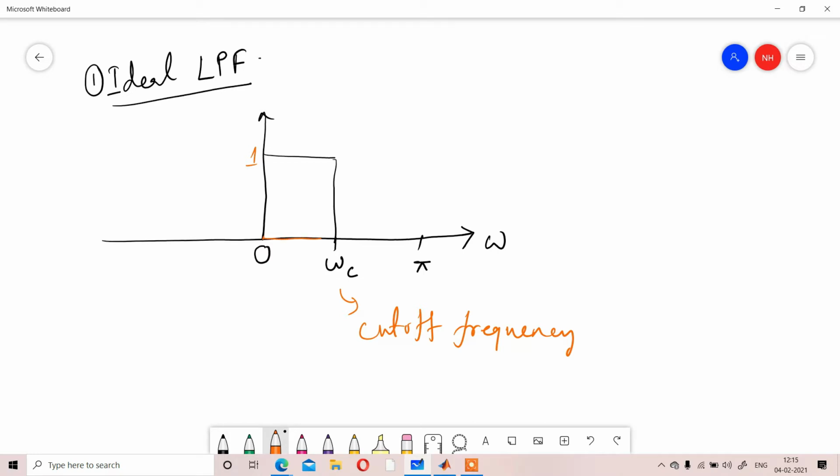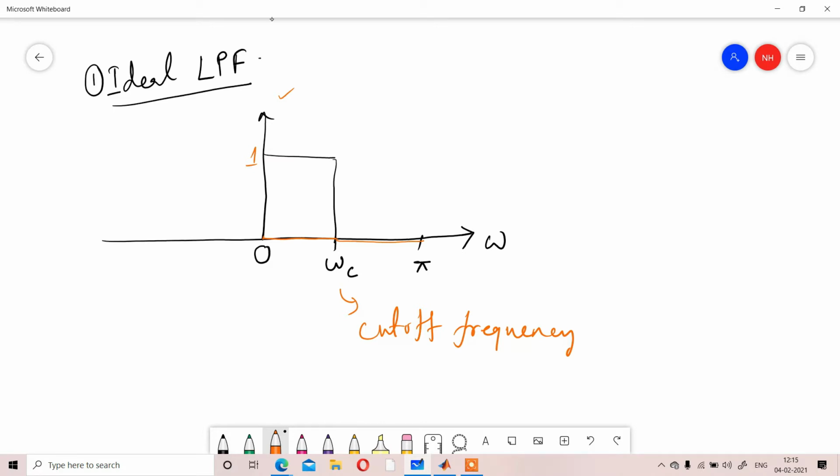Within that range 0 to omega c, if you have any frequency in the input signal, that input signal will pass if we multiply the input signal with that filter, and between omega c plus to pi, whatever frequency you have in the input signal will be nullified.